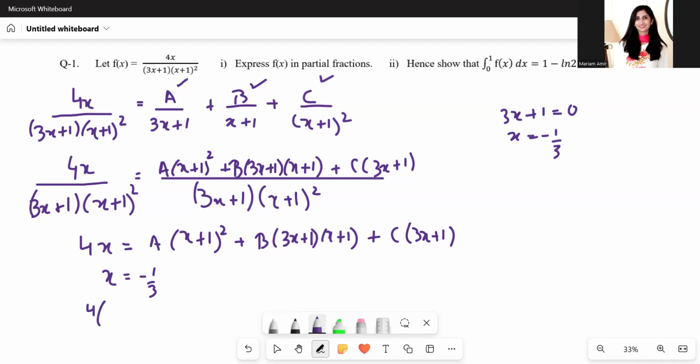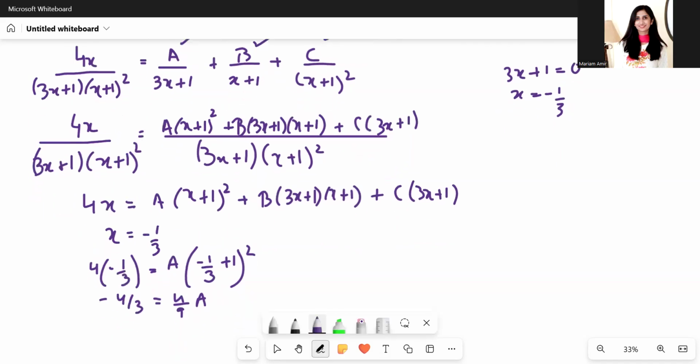So 4 times minus 1 over 3 equals A times (minus 1 over 3 plus 1) whole squared. Okay, so (minus 1 by 3 plus 1) whole squared is 4 over 9. So we get 4 over 9 A here and minus 4 over 3 here. And when we cross multiply, we get A equals negative 3.